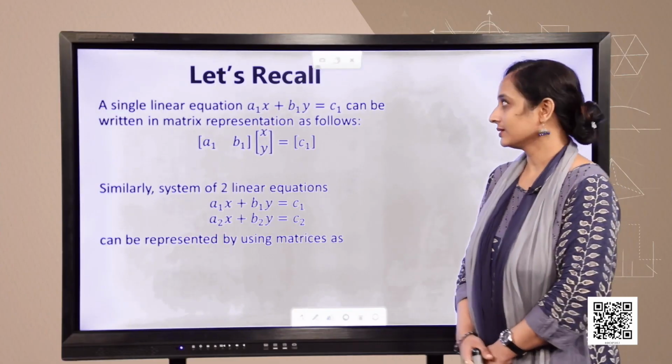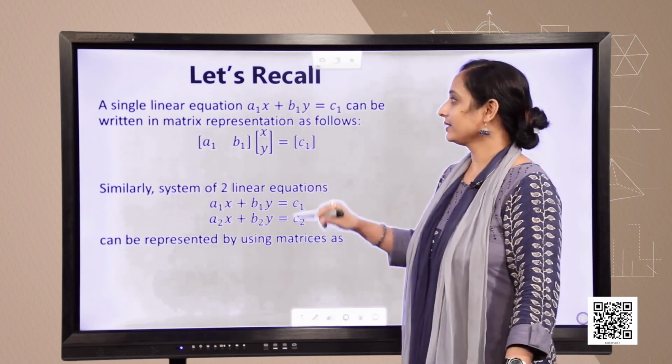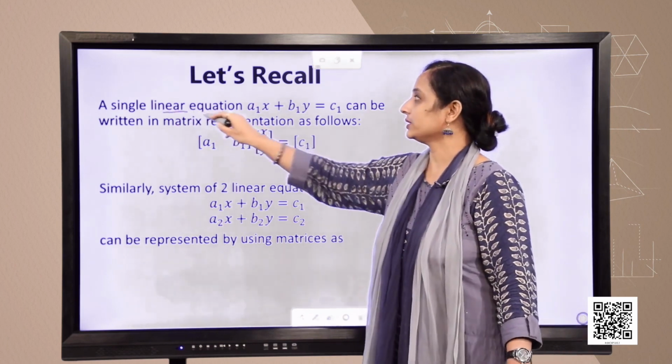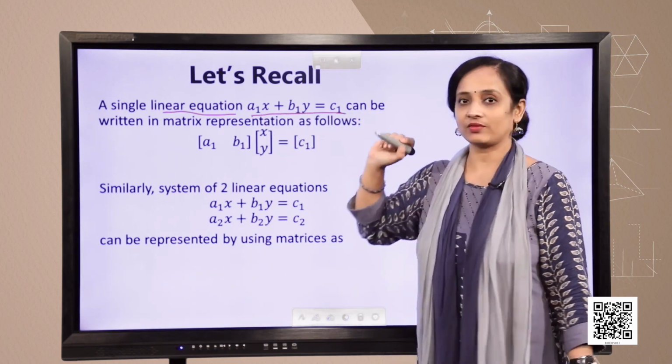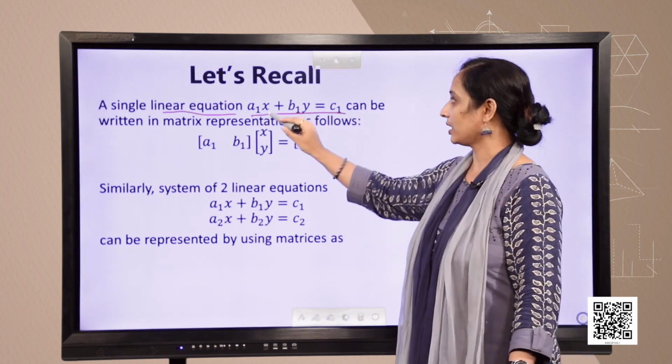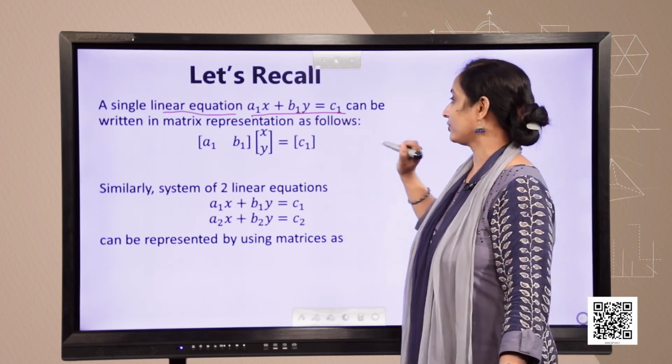So let's learn how to write equations in the form of matrices. In class 10th, you have studied about linear equations which are represented as a1x plus b1y is equal to c1, where a1, b1 and c1 are constants and x and y are variables.